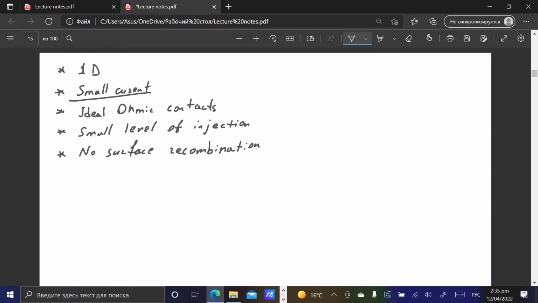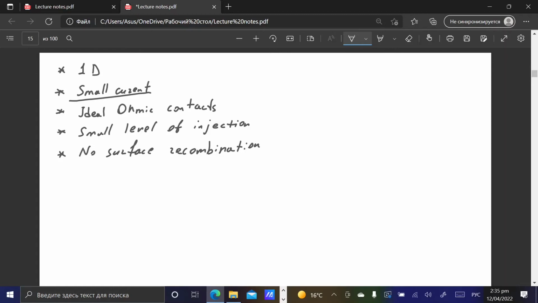Later, this ideal current voltage characteristic can be modified by introducing such parameters as a non-ideality factor. I believe, did you determine this non-ideality factor in labs or not?